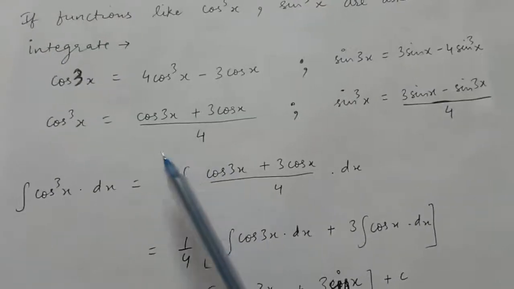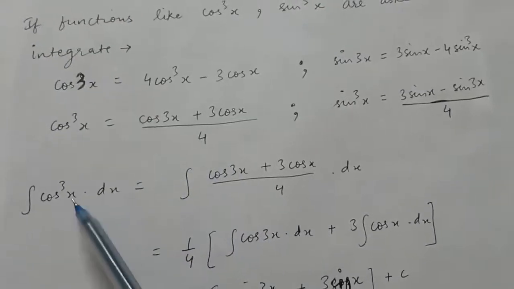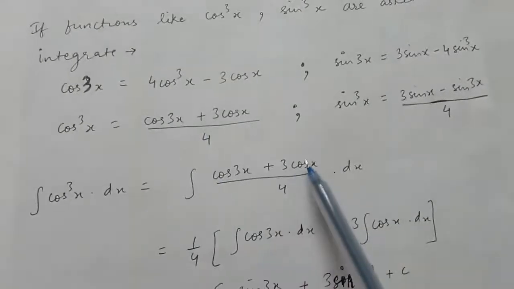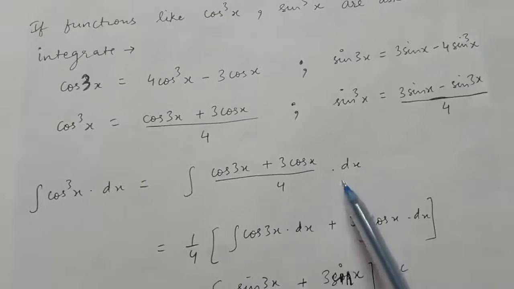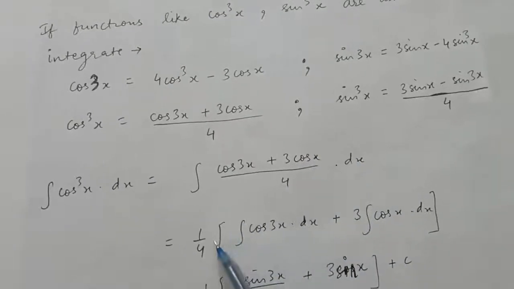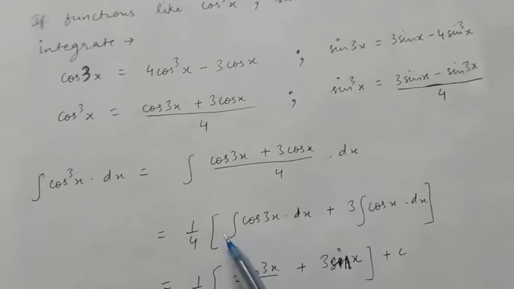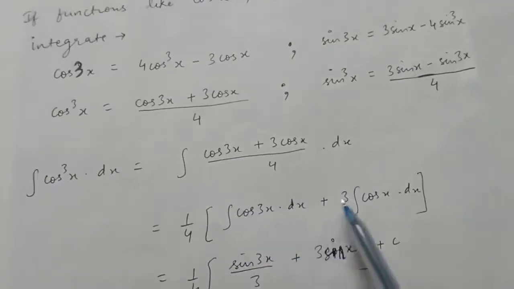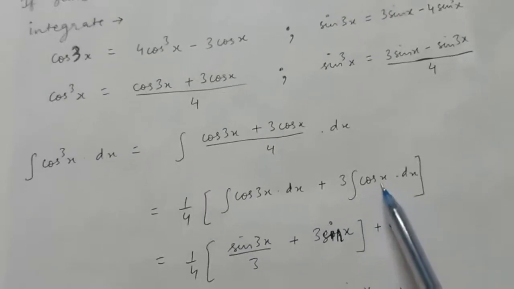So if you have to solve the integral of cos cube x, you can write it as cos 3x plus 3 cos x upon 4 into dx. Now solve this, take out 1 by 4 from the integral. Integral of cos 3x plus 3 integral of cos x.